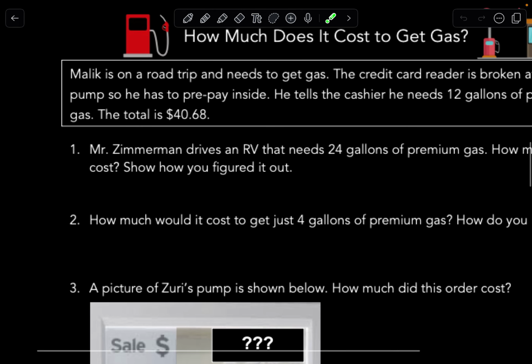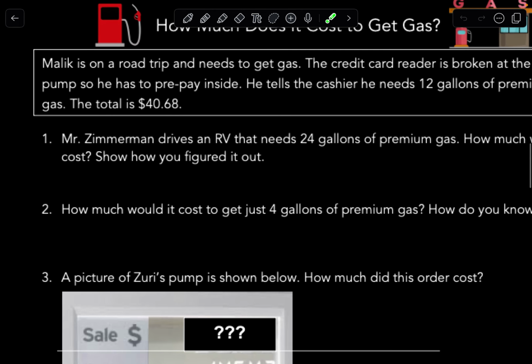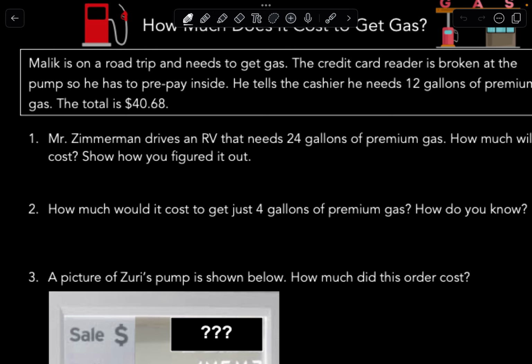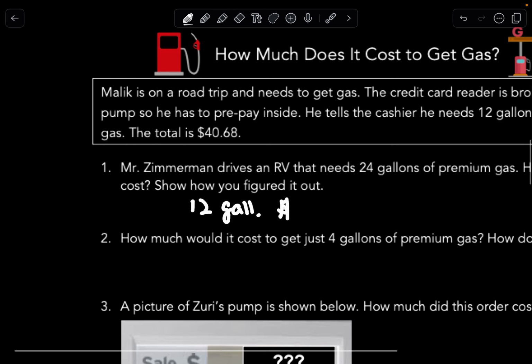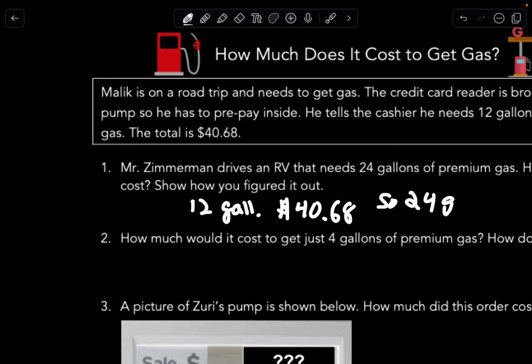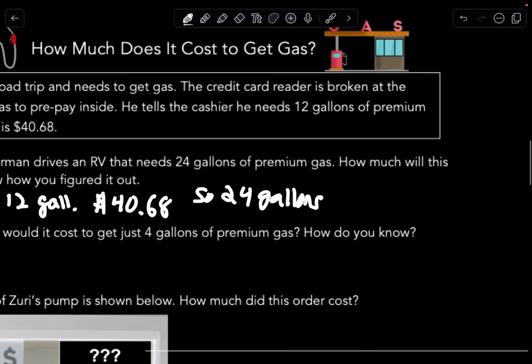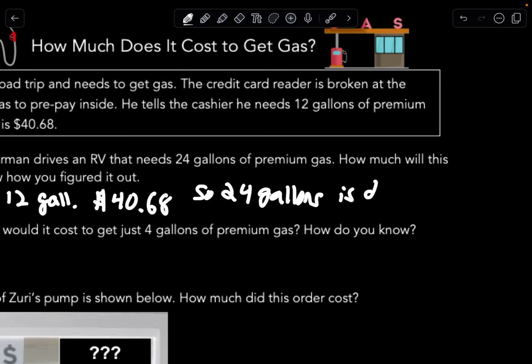So the first thing I notice is that for 12 gallons, it cost a total of $40.68. So 24 gallons is double. So the cost would be double.